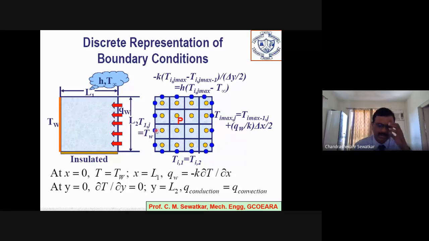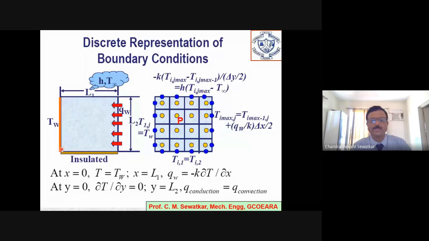This is my simple boundary condition. It is also called the Dirichlet boundary condition. A Dirichlet boundary condition means the variable itself, here temperature, is constant on the boundary. And I can say T1j is equal to Tw.